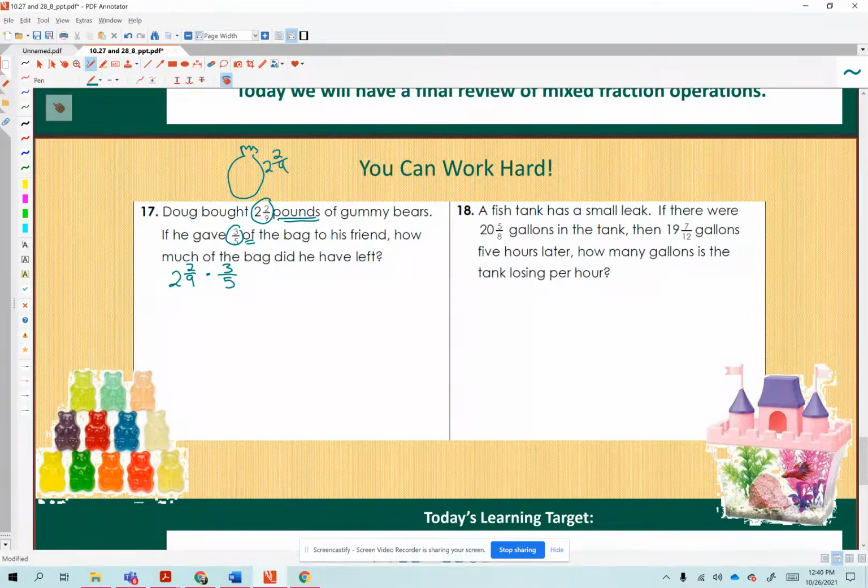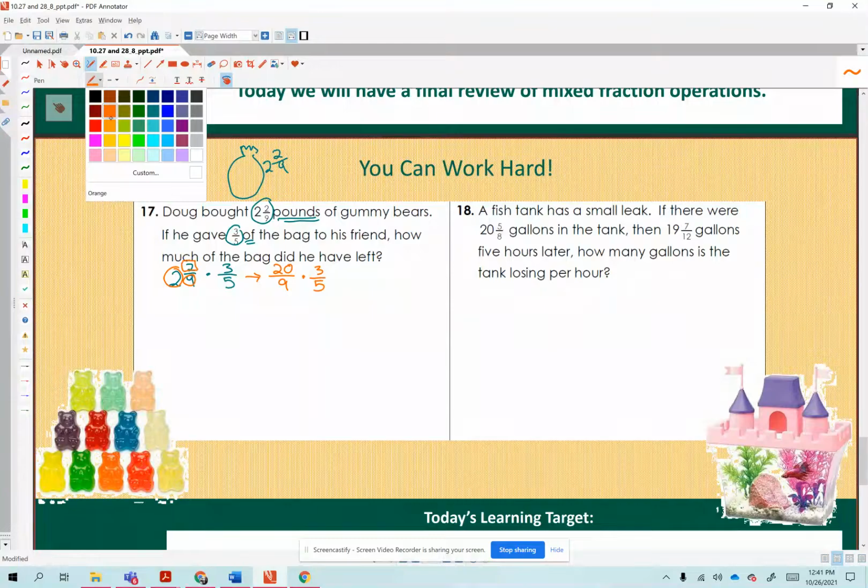It didn't say 3/5 pounds. If it said he gave 3/5 pounds to his friend, that would be a subtraction problem, but this is a multiplication problem. So first we need to convert the 2 and 2/9 to an improper fraction. So 9 times 2 is 18, plus 2 more. That would be 20/9 times 3/5.